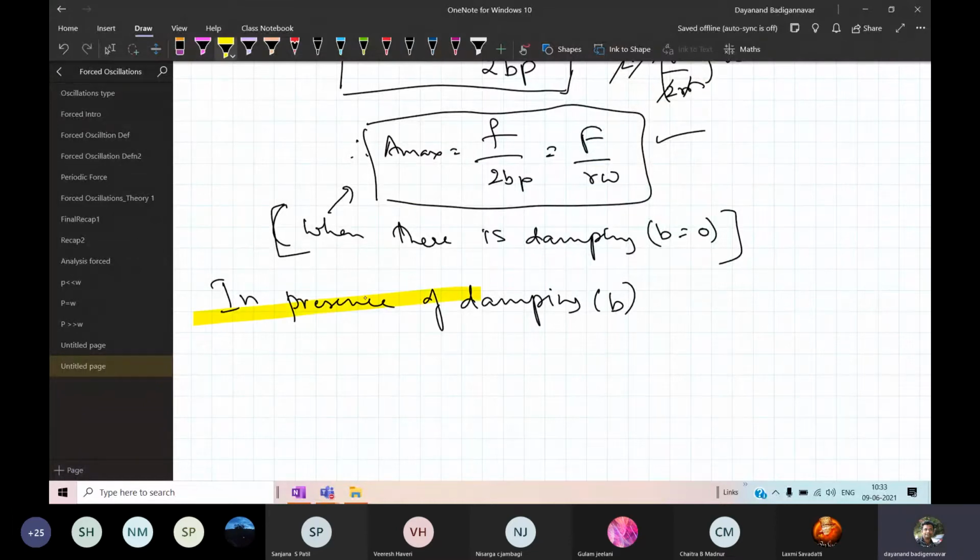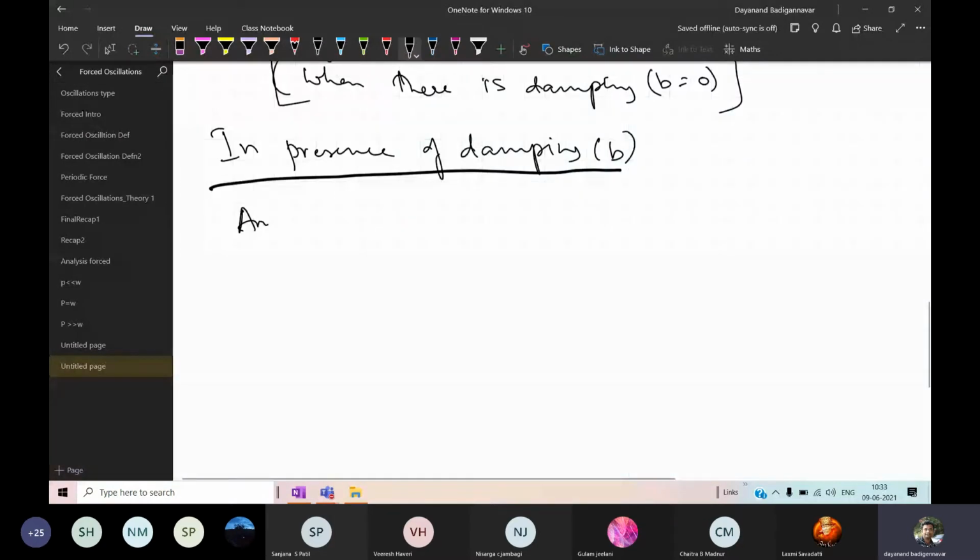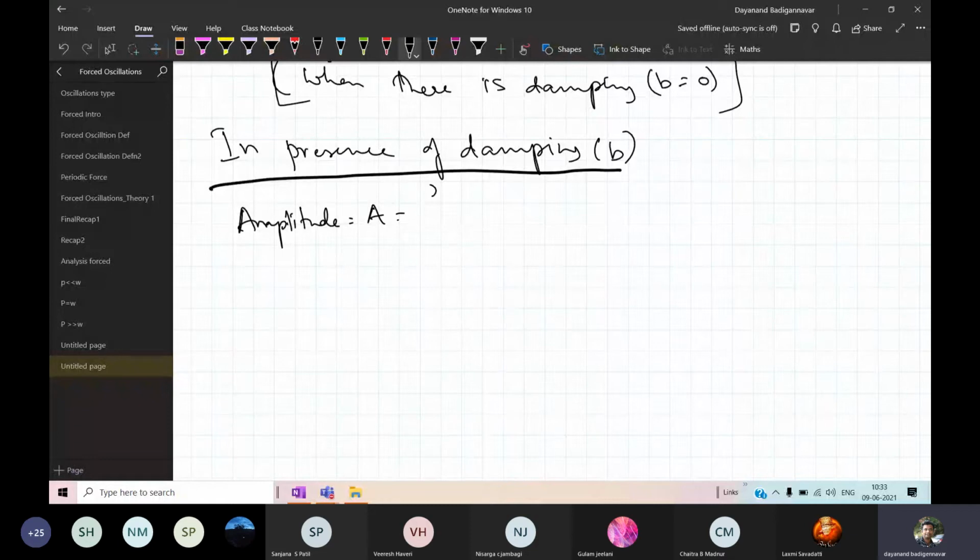Now you write the amplitude equation first. Amplitude A is equal to, you already determined the amplitude in the last class, A is equal to F divided by the root of (omega square minus p square) whole square plus 4b square into p square. That means in the system there is damping. If there is damping, how does it affect the resonance condition?